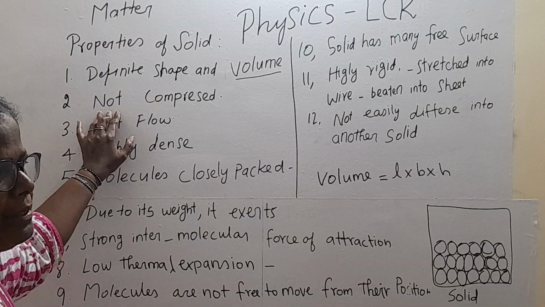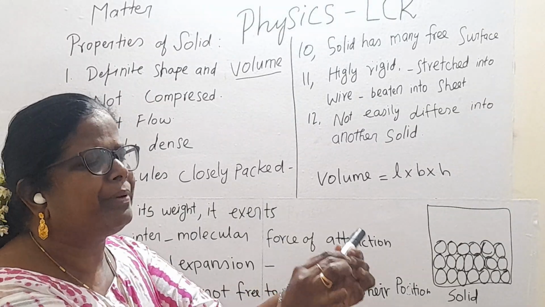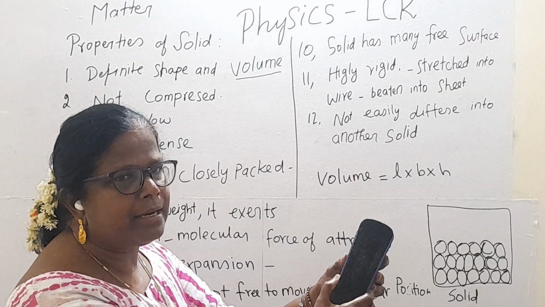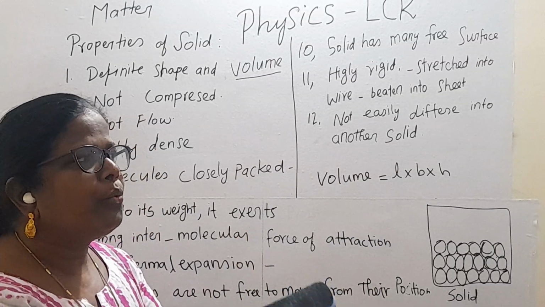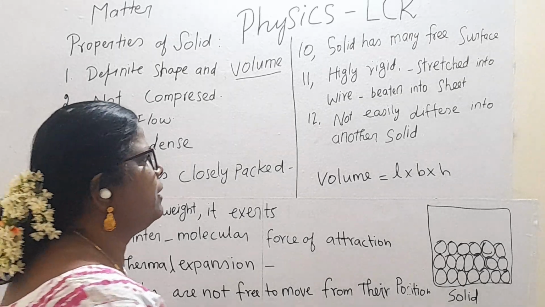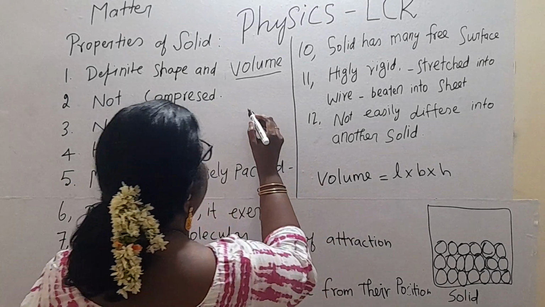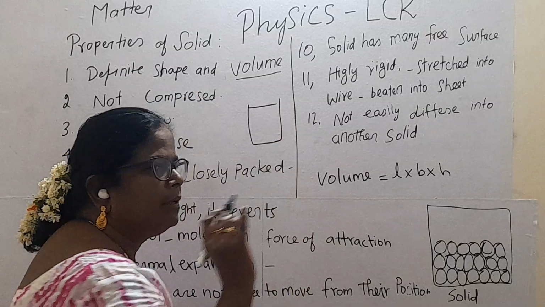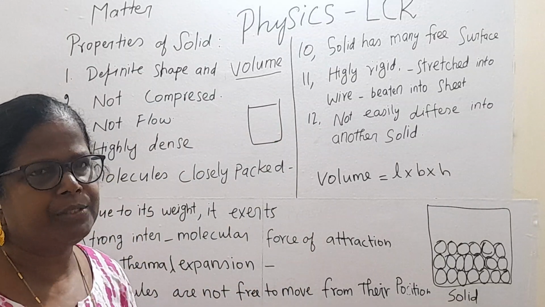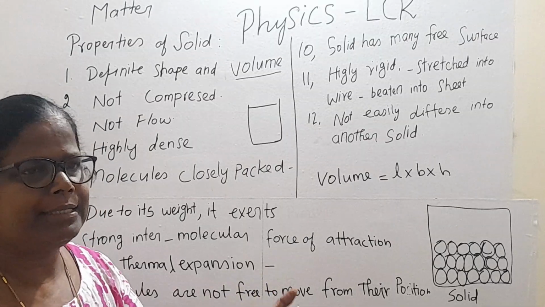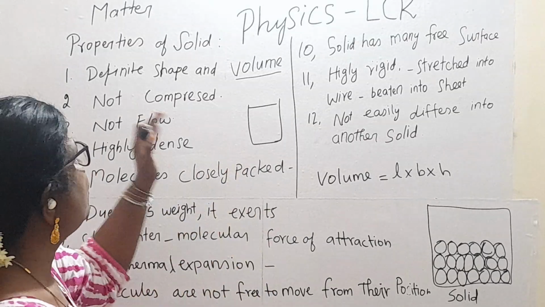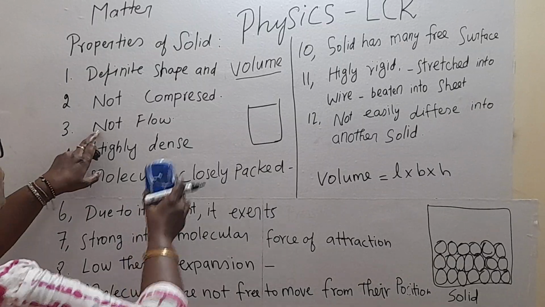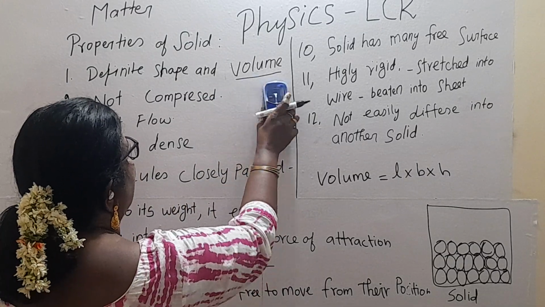It cannot compress. Cannot compress means if you press the material, it cannot compress. Suppose you have a 1 kg container; in that container you can get a maximum of 1 kg of substance only. But water and gases are a little different, we will see. So solid cannot compress, and solid cannot flow.